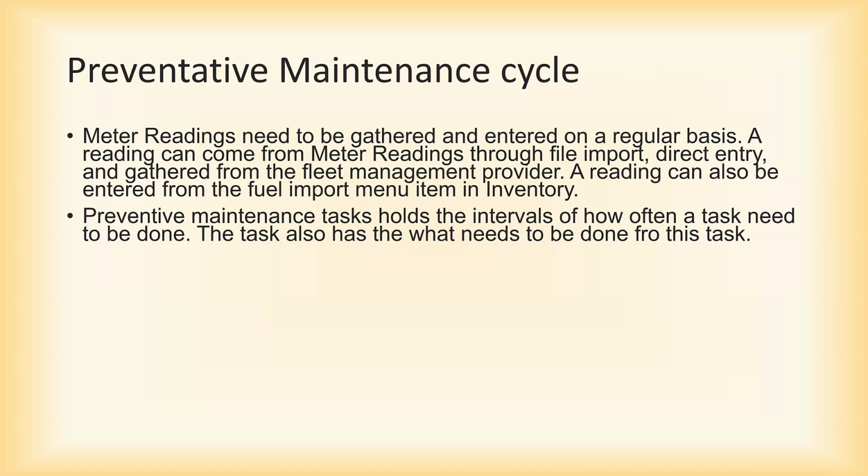So, for instance, you might have a simple task like oil change, or a lot of places will call it preventive maintenance A or B. But if you spell out in text what you want that to be, then as you add those to equipment, that text will get put into the work orders so that every time the work order is generated, they'll see, make sure you check the belts, make sure you top off the fluids, make sure you're looking at the windshield wiper fluid, anything you want within the task. You get 2,000 characters to describe what you want a task to do. So again, it's important to be as descriptive as possible there.